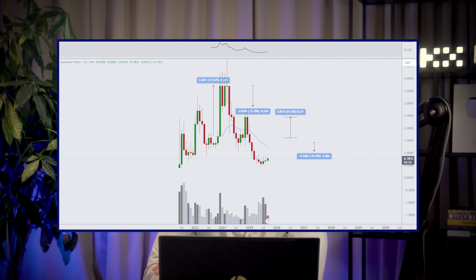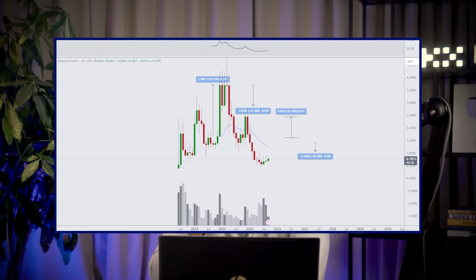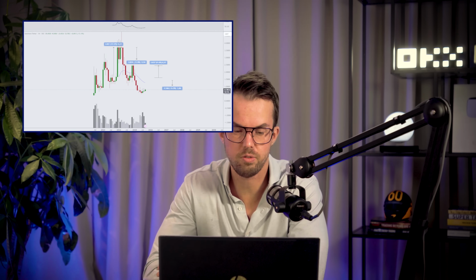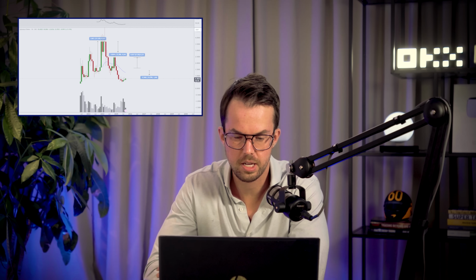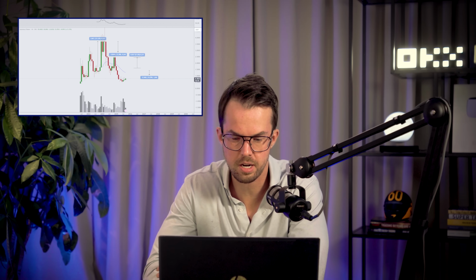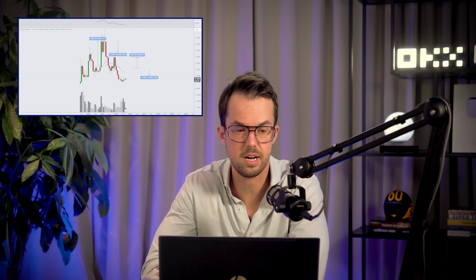Now if we start combining that with, for instance, an altcoin, then we can see that the average volatility for an altcoin is around 25% on a monthly basis. If we use an example, we can look at the chart of Optimism, which has been having monthly candles, and these are all monthly candles, of 120% up, and then 22% down, and then again 51% up, and then 24% down.